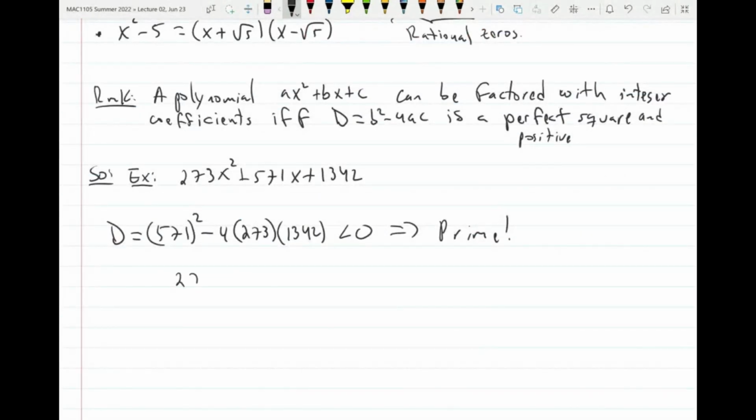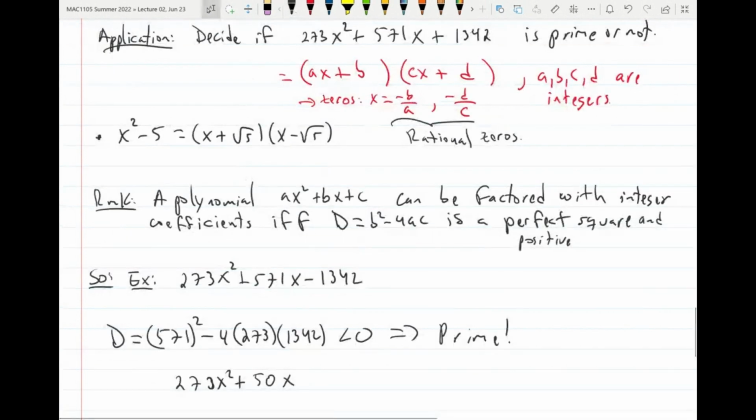Okay, let's adapt it a little bit more. So let's do 273x squared plus 50x, and then let's say, I don't know, minus. Actually, if I put a minus here, that will solve my issue, so that way I don't have to do a new example.